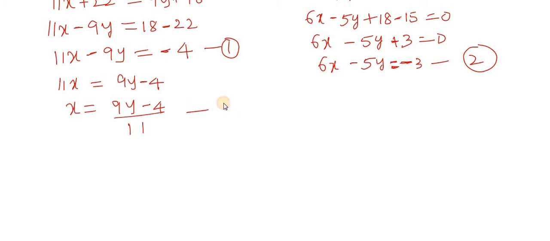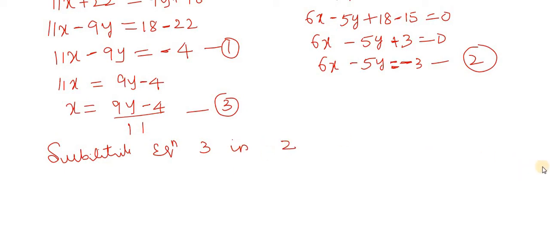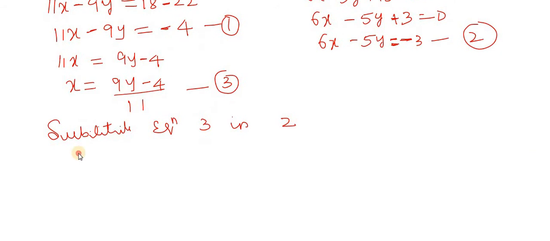So call this equation 3. Now substitute equation 3 in 2. So then what you're going to get? Here 6x minus 5y is equal to minus 3.